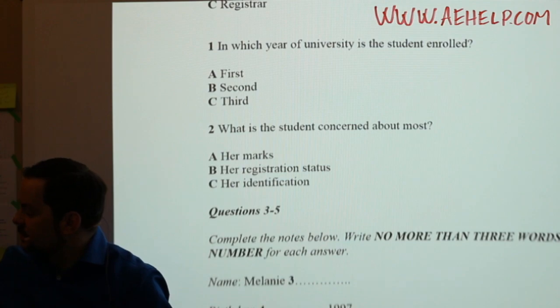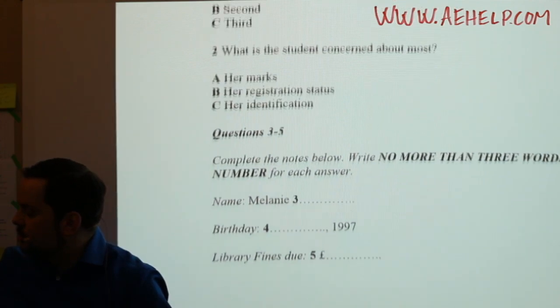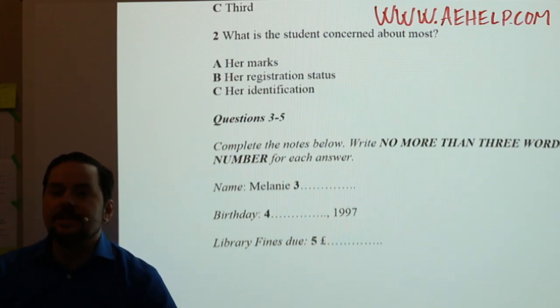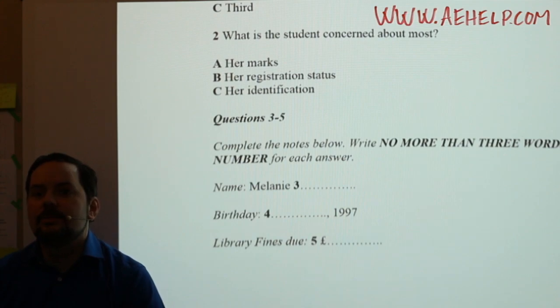Okay, question number 2. What is the student concerned about most? Her marks, her registration status, or her identification? So what is the student most concerned about? Yeah, the answer is B. And guys, remember that when you're doing the IELTS in the answer sheet, you need to say B, not second and not her registration status, but you need to put the answer B, okay?